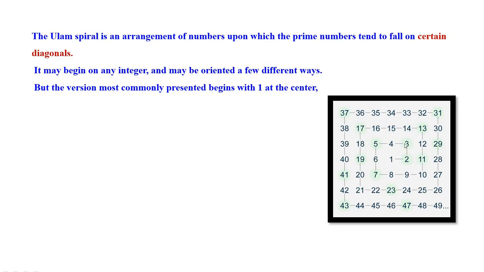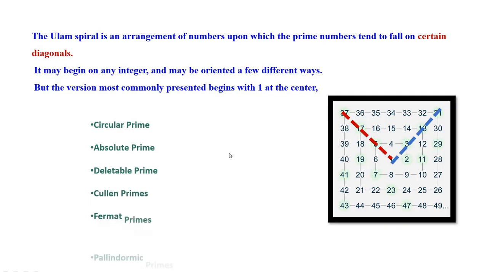So 1, 2, 3, 4, 5, 6, all the numbers are arranged in a spiral format. In this, if you look at the prime numbers 1, 3, 13, 31, they are on the diagonal. And similarly here 1, 5, 17, 37. So you have the Ulam spiral being given by this.